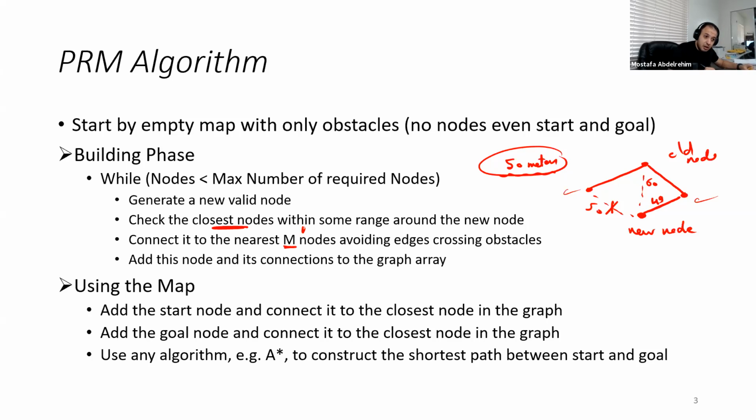Then the map will be just like a graph for us. You add this node to the graph, and this edge as well that you created.